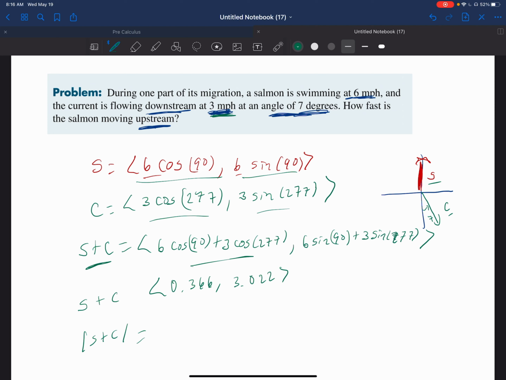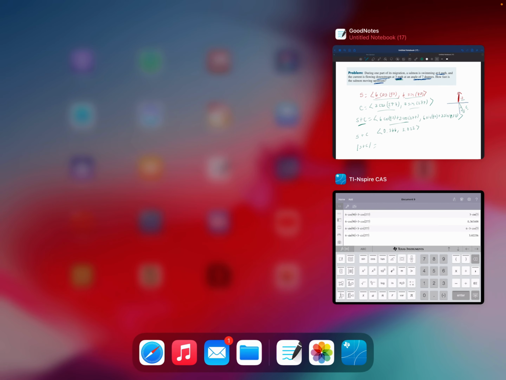So it's actually not going to go 6 miles per hour, it's going to go a little bit less than that, depending on how fast the current is flowing downstream.